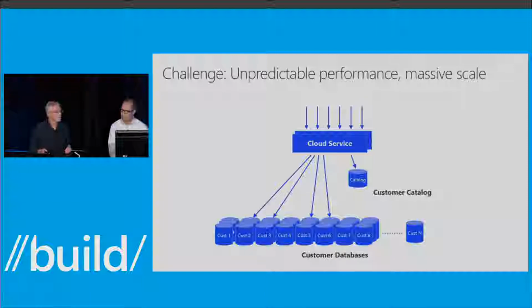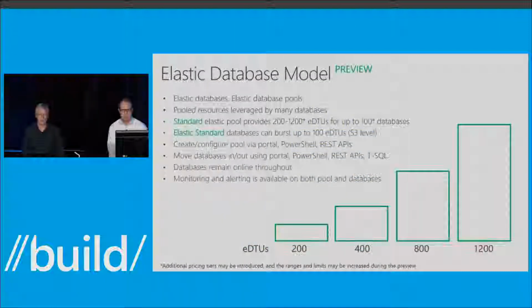So what about a different way of solving this when we've got hundreds or thousands of databases? This is where we introduce the elastic database model. The elastic database model introduces the idea of elastic databases and an elastic database pool. This is the notion of providing a pool of resources that can be shared among many databases. It's particularly appropriate for databases that are not active all the time. People aren't buying tickets to concerts every second of every day.